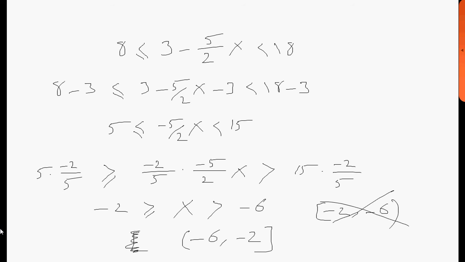Okay, let me show you some other examples of how you have to deal with these kinds of inequalities. For example, if you have 1 minus 2x is between 5 and 10.